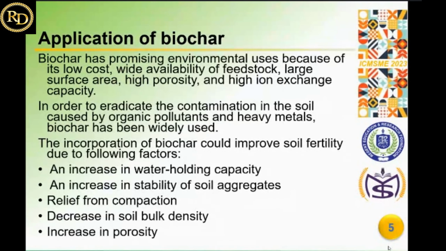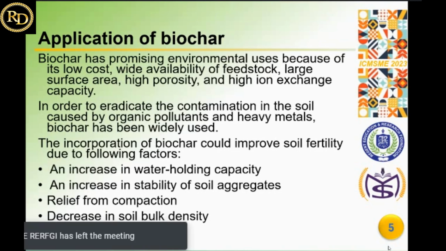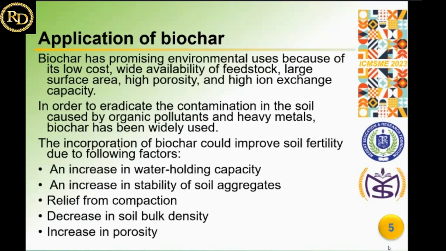Through these pores that are created, the biochar helps to increase the fertility of the soil and take away heavy metals. It also decreases soil bulk density and promotes water holding capacity.